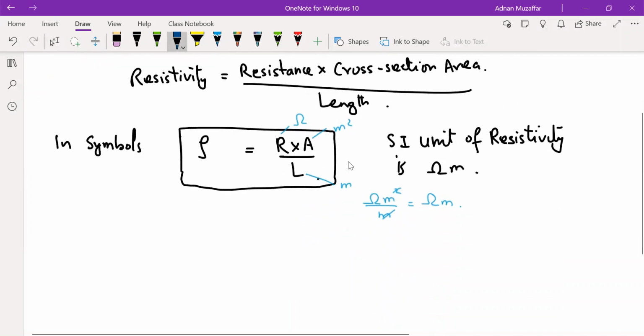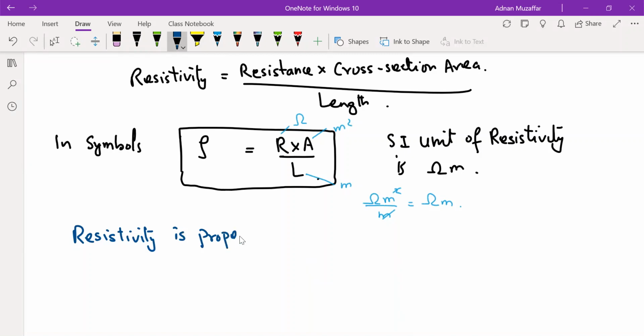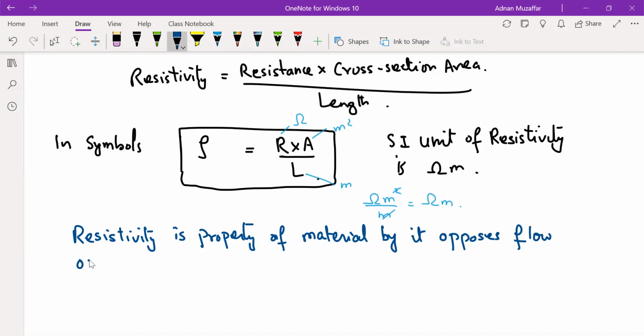So I can say that resistivity is a property of a material by which it opposes the flow of charge. So this can be the concept.